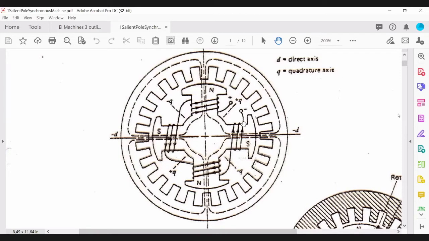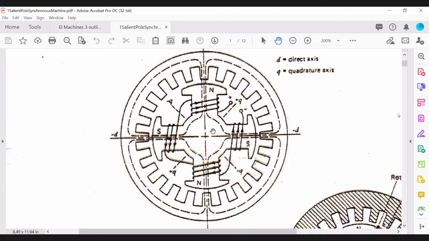As you can see, because you have this interpole area, now the distribution of the air gap is different along the axis of the pole and in the axis of the interpole area.